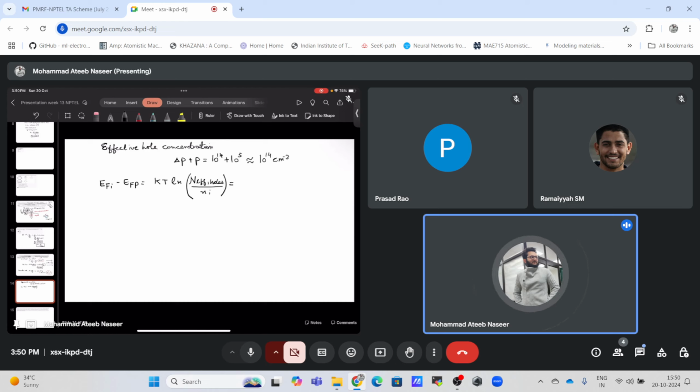Which is simply now 0.025 times ln of 10 to the power of 14 by 10 to the power of 10.